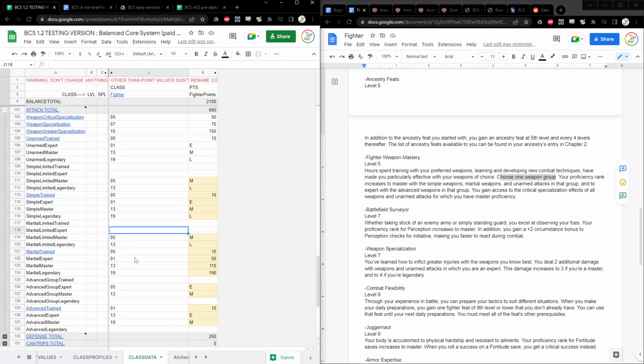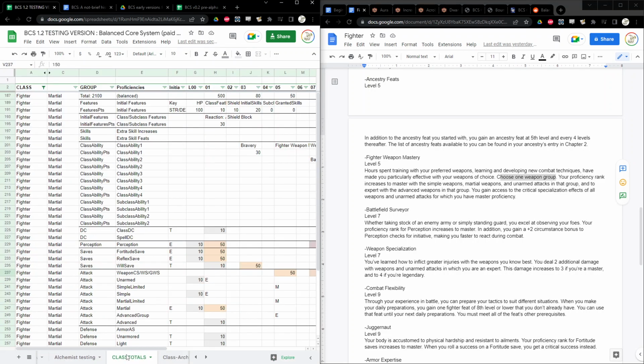I hope other people can read it, but it's also the best way, I think, for making a database, which the BCS is essentially, a database in a spreadsheet. All the numbers on here automatically get updated over to the class totals page, and they get plugged in all these places. So, looking at the class totals here, we're looking at the fighter still.